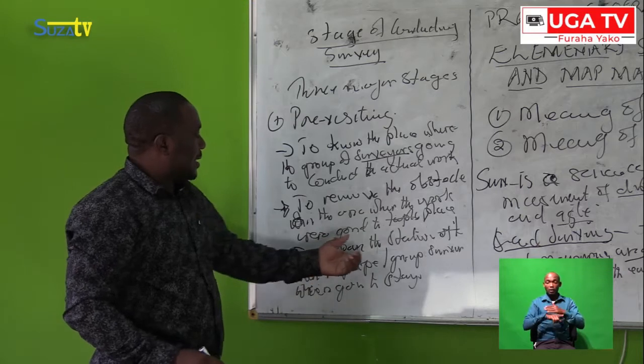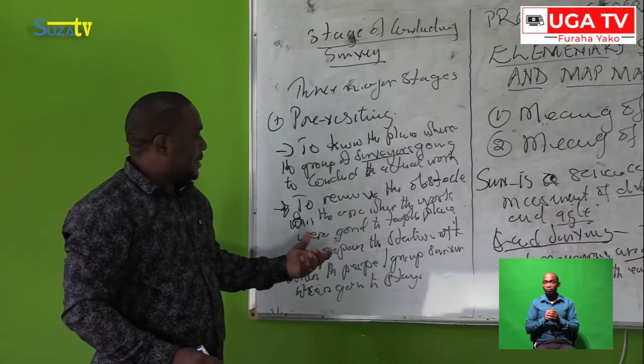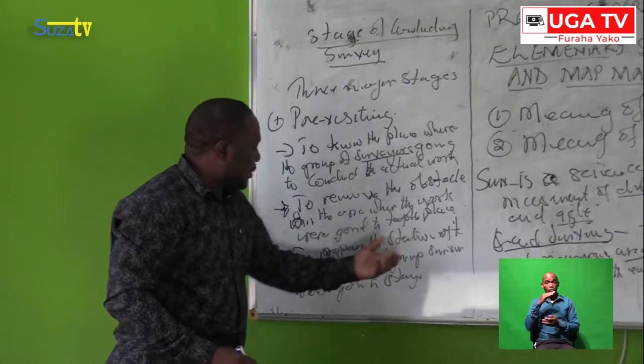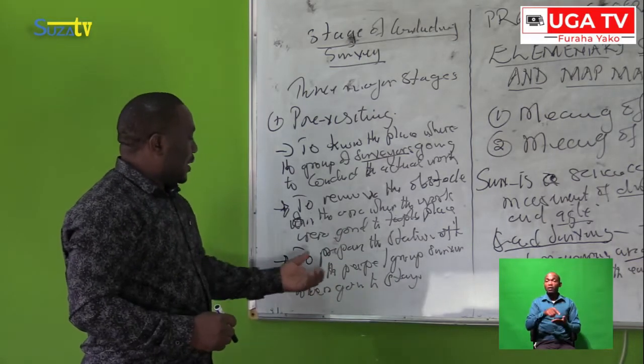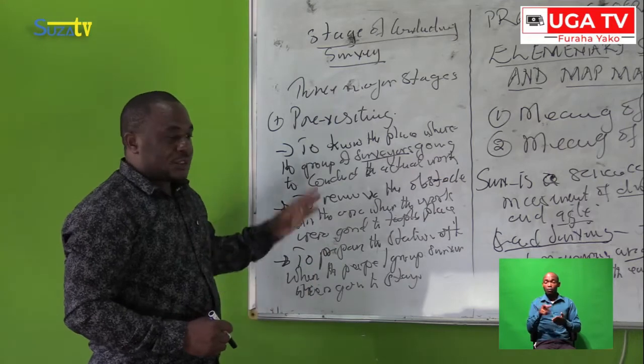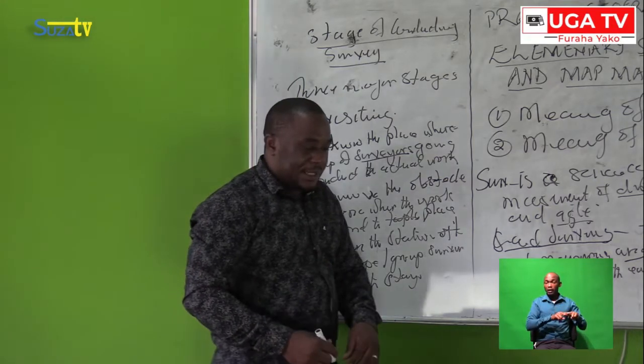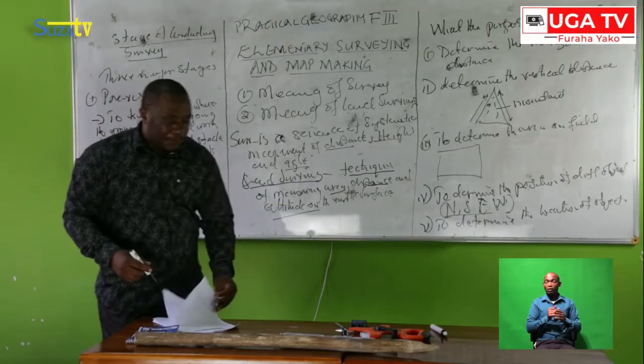So here we can say reconnaissance is very important in order to know the area and to prepare the station where the people are going to stay before doing their work. So this is the importance of the pre-visit.